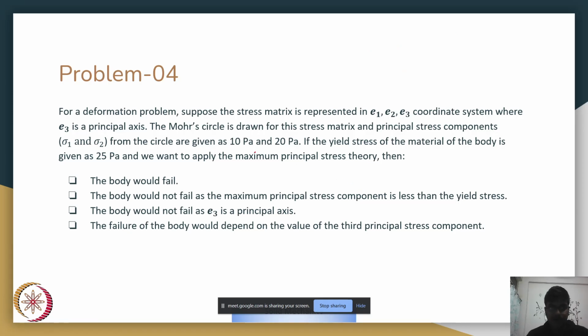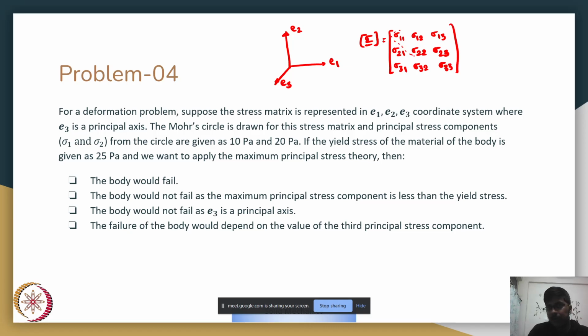Okay, we'll first look at the first statement. The first statement is: this is a deformation problem and the stress matrix is given in the E1, E2, E3 coordinate frame. So you've got E1, E2 and E3. A general stress matrix in this frame would look like sigma 11, sigma 12, sigma 13, sigma 21, sigma 22, sigma 23, sigma 31, sigma 32, sigma 33.